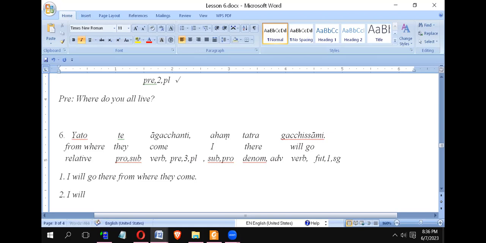I will go there where they come from. This translation is better. Where and from means this yato. So this is better than "I go there from where they come." I will go there where they come from.